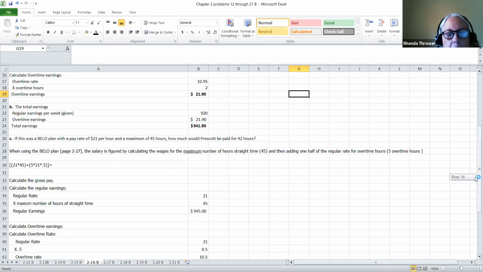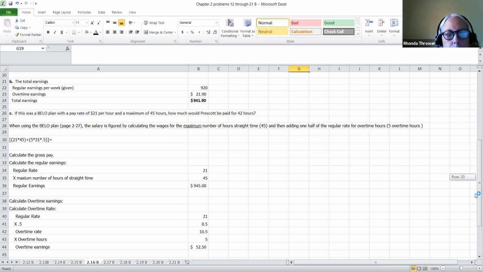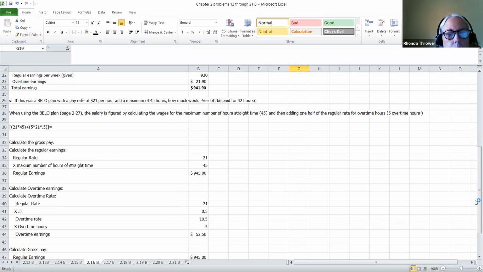Then we would have to calculate the overtime earnings. And the overtime earnings are going to be at the regular rate of $21 times 1/2 of that, because it's 1/2, not time and a half, but just 1/2. In the Belo plan, it's just 1/2, which will give you an overtime rate of $10.50.